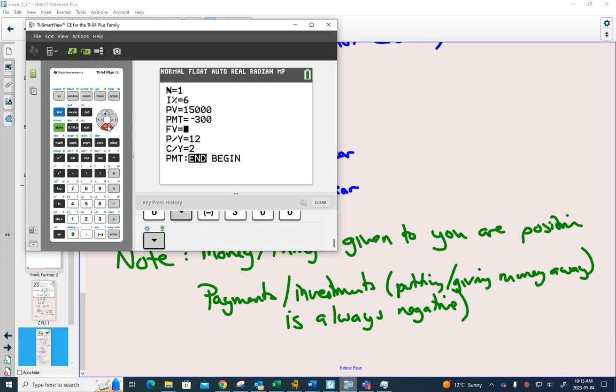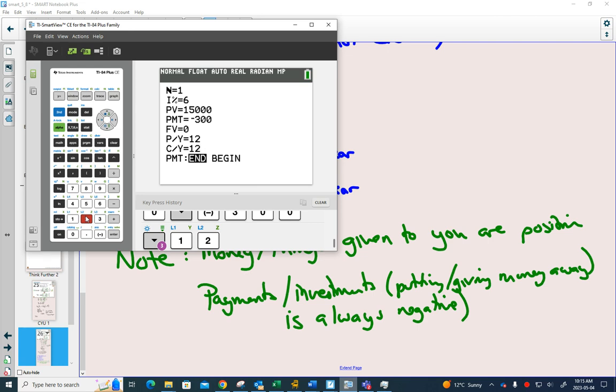In the future, how much money do you want to owe them? $0. So we want our future value of this loan to go down to 0. We're making payments 12 times per year, and it's compounded 12 times per year. This was all part of the question.